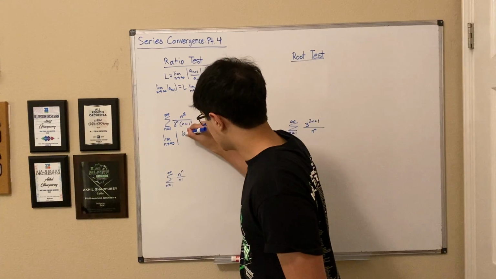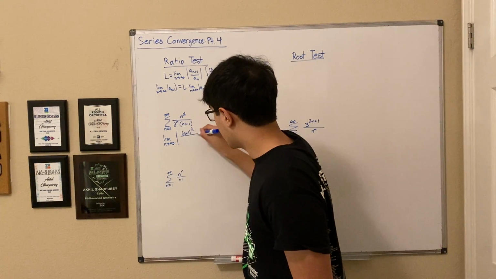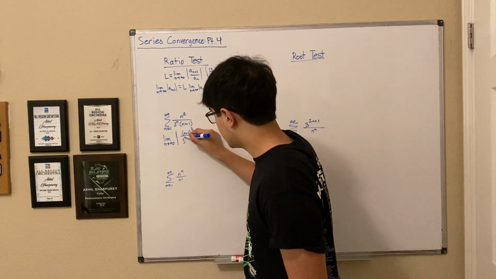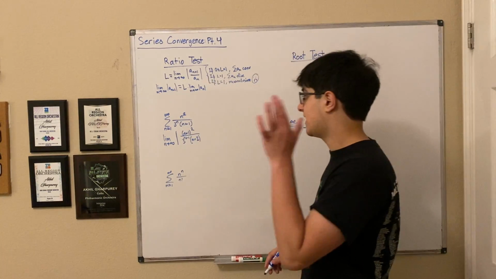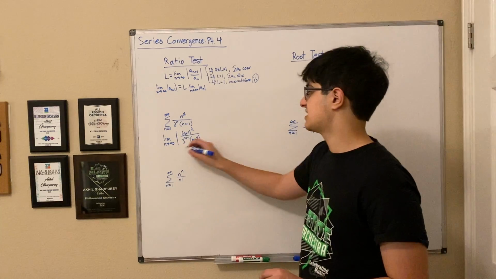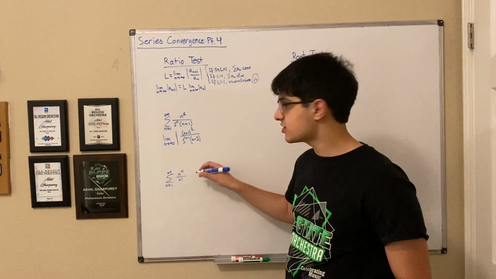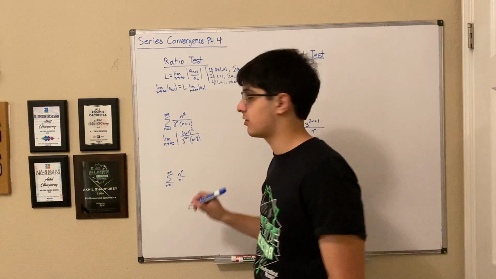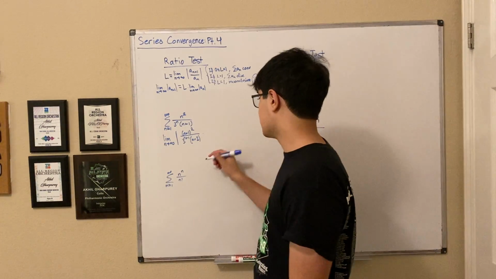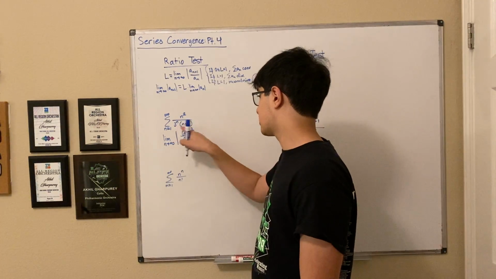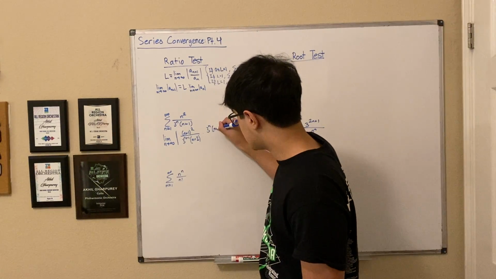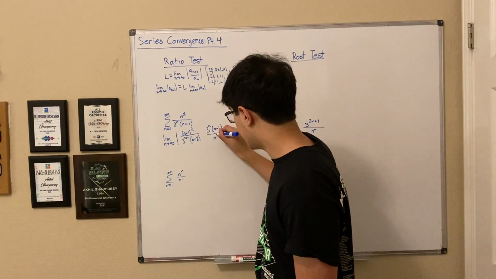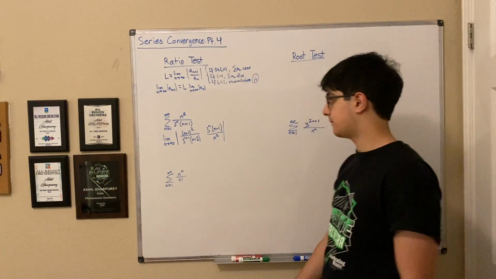So this becomes n plus 1 squared over 3 to the n plus 1 times n plus 2. And now notice here, I don't really have space to write the bottom fraction, so I'm going to multiply by the reciprocal in one step. So by multiplying by the reciprocal, this 3 to the n times n plus 1 goes on top. So you get 3 to the n times n plus 1 divided by n squared.